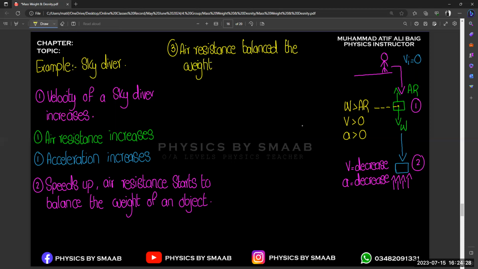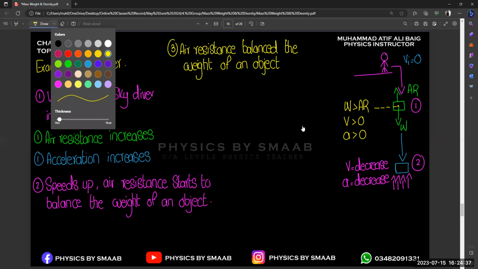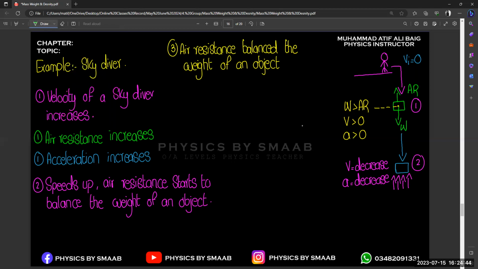So what will be next? The velocity becomes constant, the acceleration is zero, and the air resistance is equal to the weight of the object. So now we can say that the weight of an object equals the air resistance. At this point, the speed of an object will become constant.